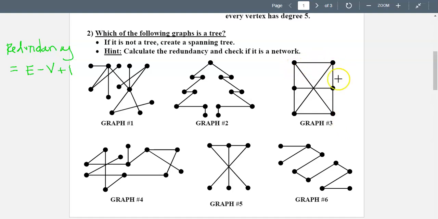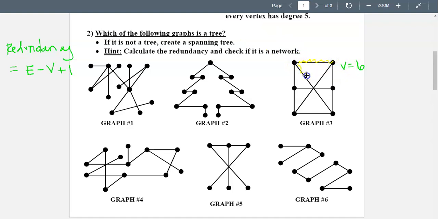So we could look and easily tell that there are 6 vertices, right? So I'm going to put V is equal to 6. Okay. Edges might be a little more complicated if you aren't familiar with it, so I'll just count them with you.